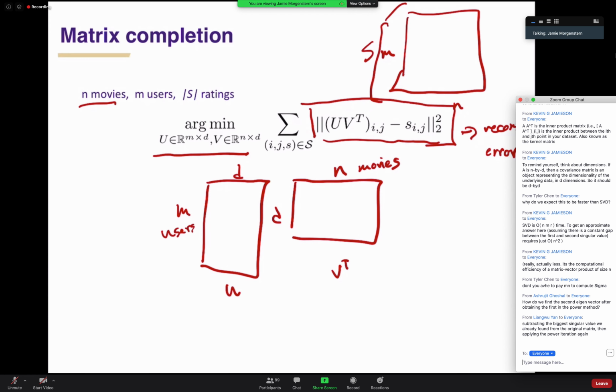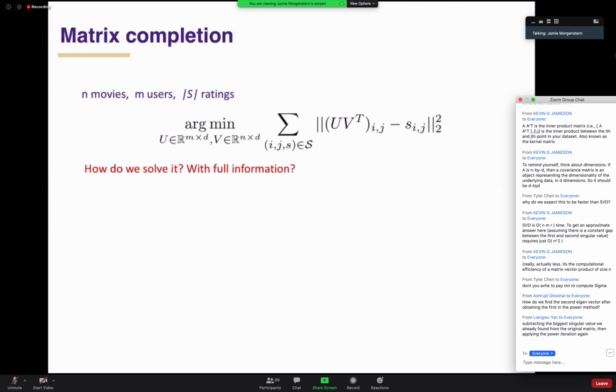So if we had all of S, if S didn't have question marks, so if we had full information, S is in R^(M by N), i.e. we have all the ratings. What we'd want to do to minimize reconstruction error over S, we understand that already.